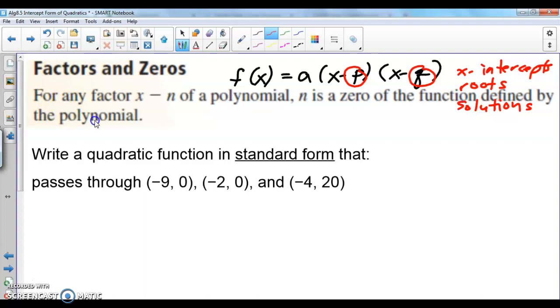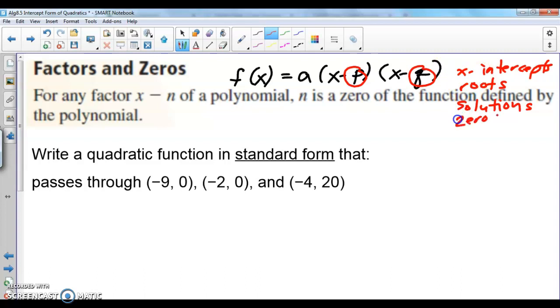On this slide, you will see that for any factor x minus n of a polynomial, for example, x minus p is one factor, and so is x minus q. So any factor of this form, n is a zero of the function defined by the polynomial. So it's a zero. That's the other term that I have not written here.